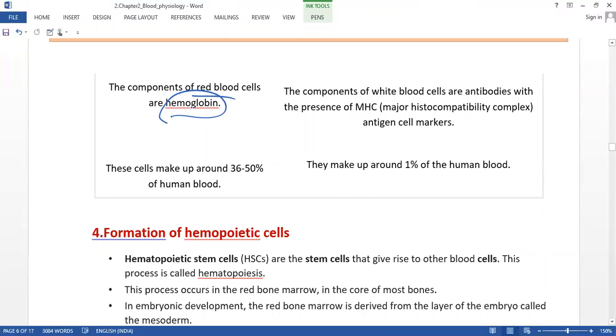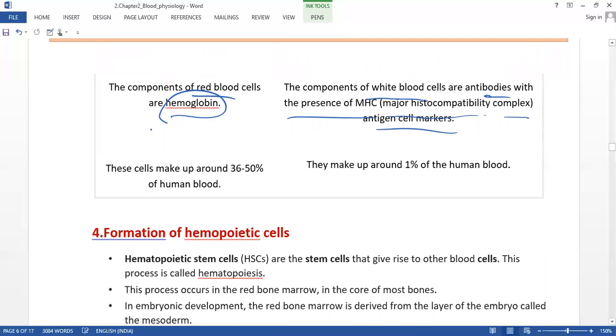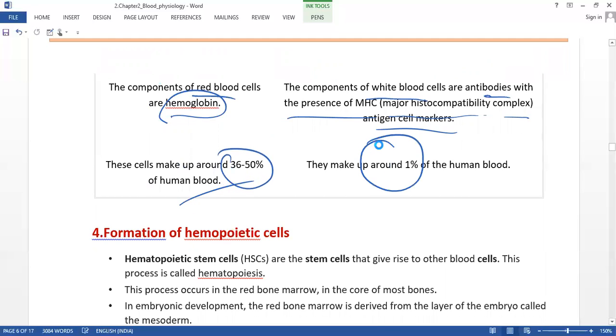The red color of RBC is due to the presence of hemoglobin, whereas WBC are colorless. WBC carry antibodies with the presence of MHC, the major histocompatibility complex antigen cell markers. RBC make up around 36 to 50% of the human blood, but WBC are around 1%.